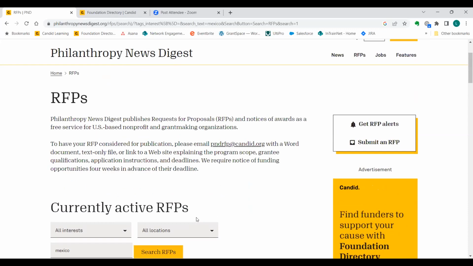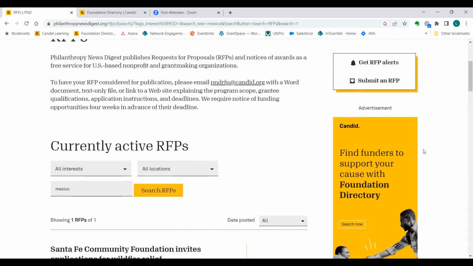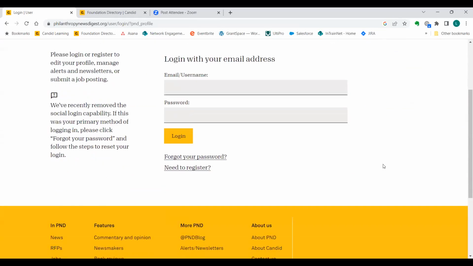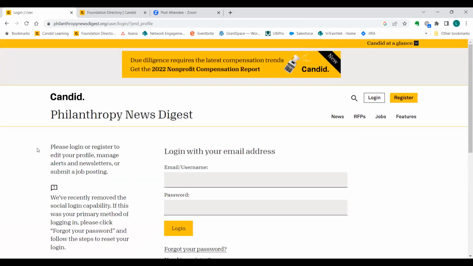No, that's for New Mexico. But occasionally there are requests for proposal that may go to a particular country, and you can do that. You can also set up an RFP alert so that you're notified anytime a request for proposal comes up that fits within that category. So this is another service of Candid.